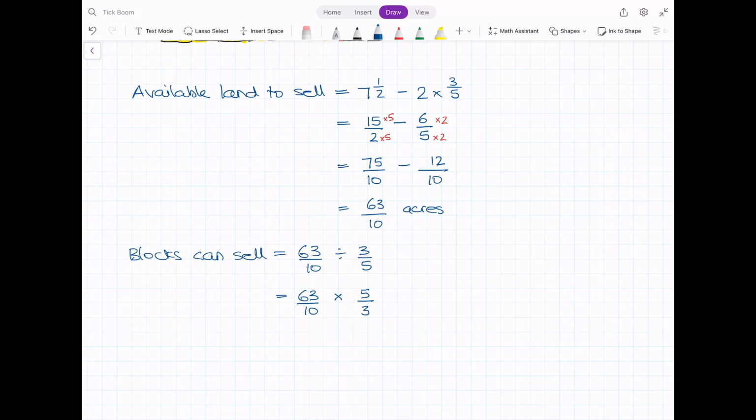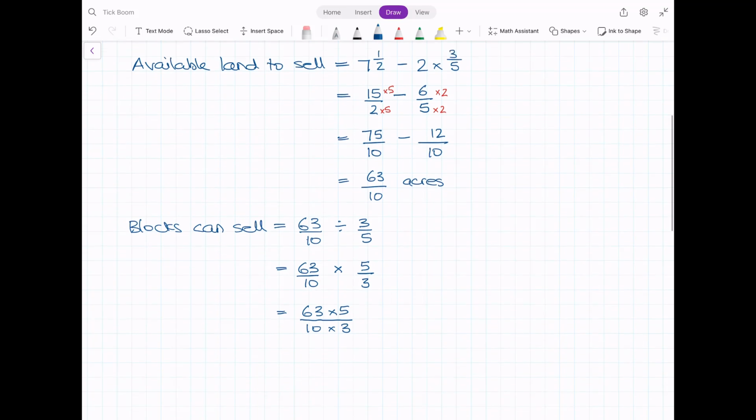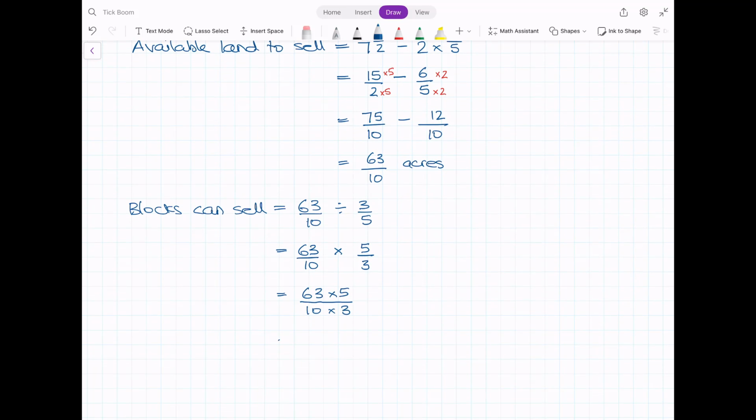And now we can make use of the simple approach that when we're multiplying fractions, we multiply the numerators, and then we multiply the denominators. Now that we've got this multiplication going on, it can help to know that the order of multiplying doesn't really make a difference. So 63 times 5 is the same as 5 times 63. And then we've got our 10 times 3.